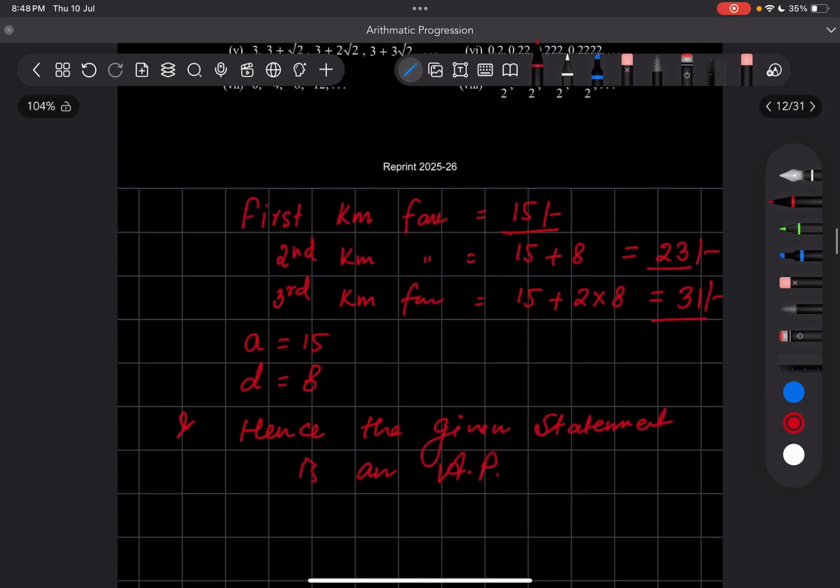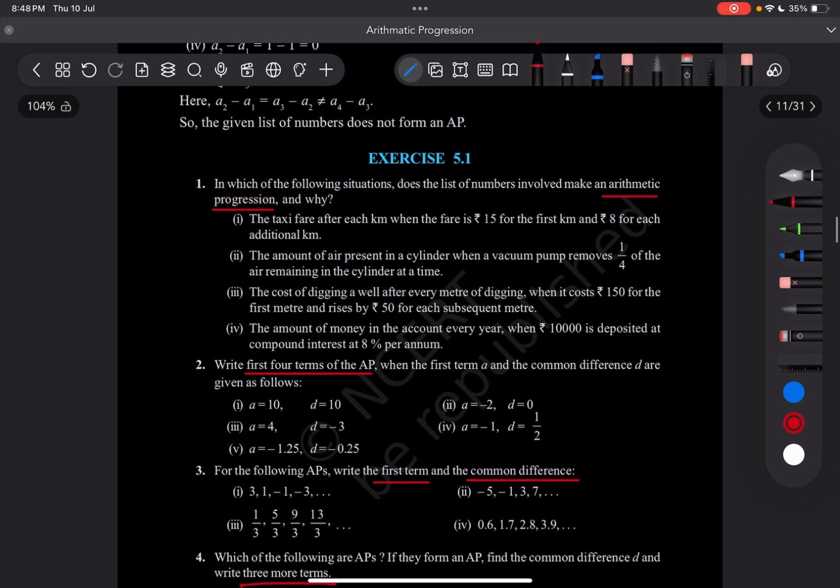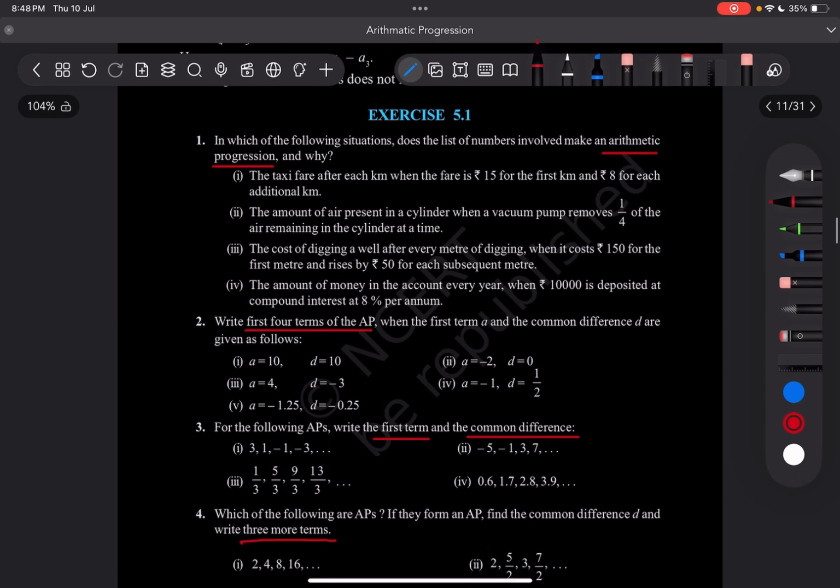Okay, now we will move to another question. In the second question, you can see the amount of air present in a cylinder when a vacuum pump removes 1 by 4th of the air remaining in the cylinder at a time.